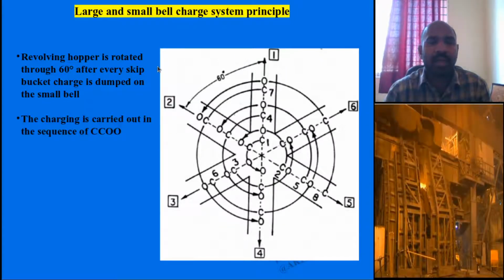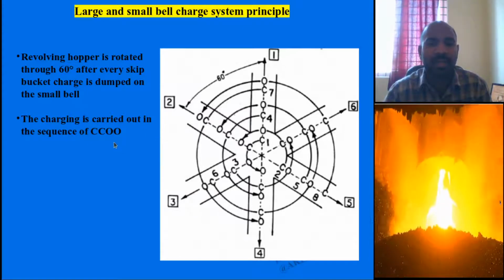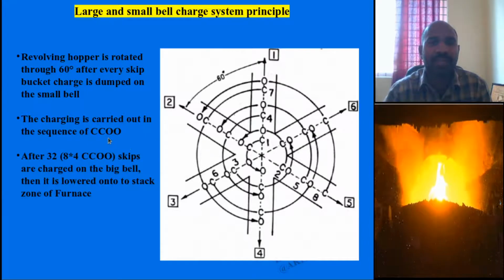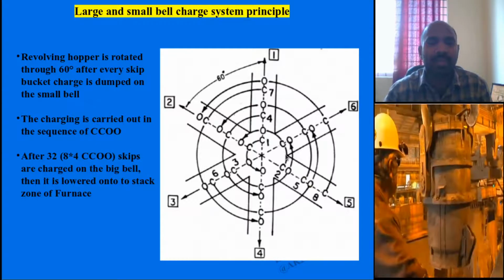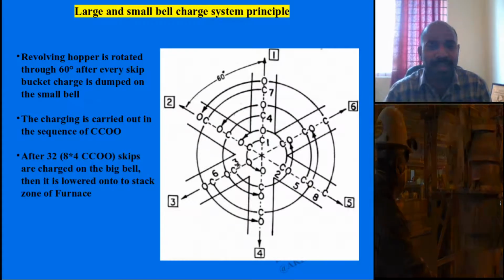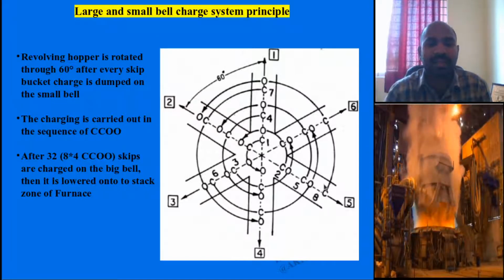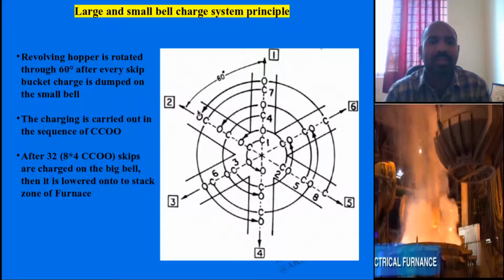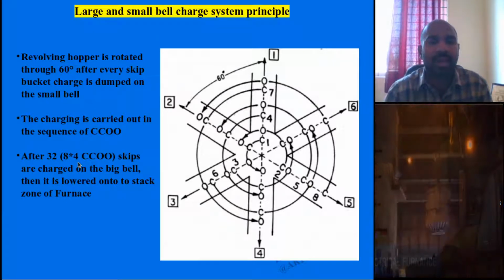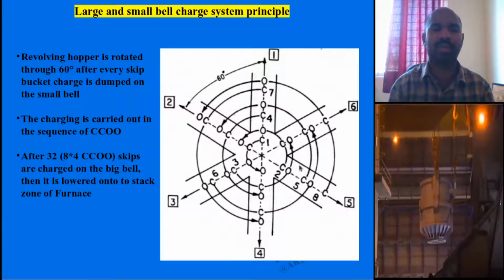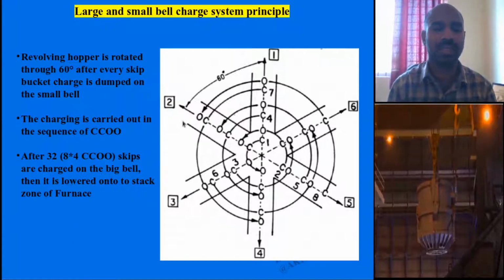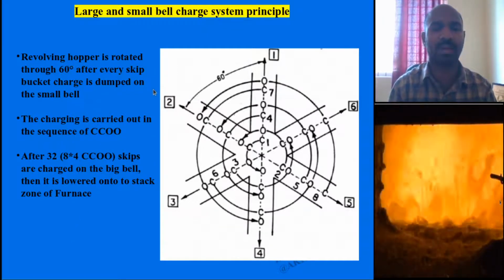After charging is carried out with the sequence CCOO, completing the second, third, fourth, fifth, sixth, seventh and eighth, that is 8 into 4, which is 32 skips, using a skip bucket you are charging the receiving hopper.